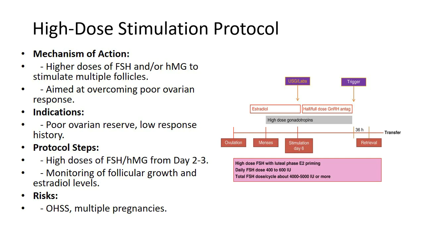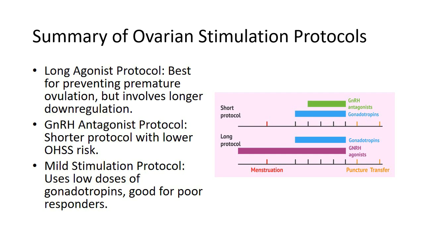Summary of ovarian stimulation protocols. Protocol, mechanism, indications, advantages, disadvantages. Long agonist protocol: GnRH agonist for pituitary suppression plus FSH. Standard IVF, normal ovarian reserve. Prevents premature ovulation, proven success.